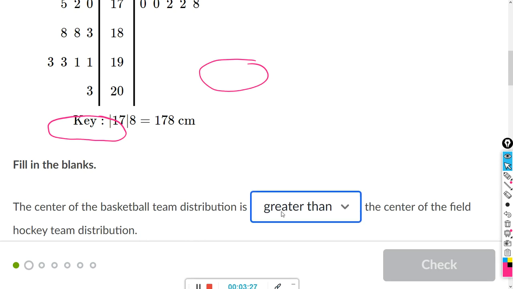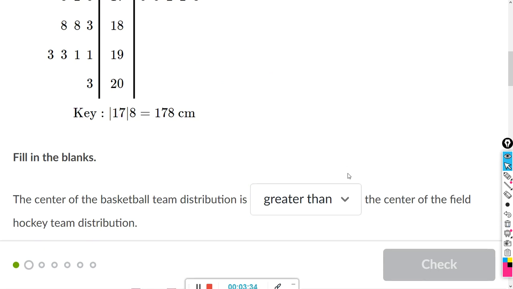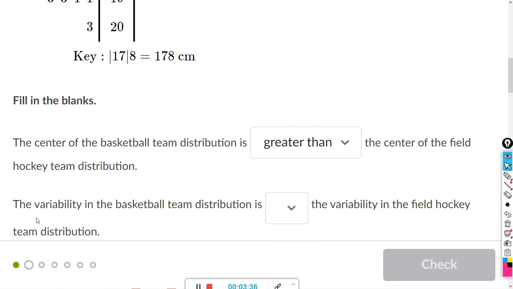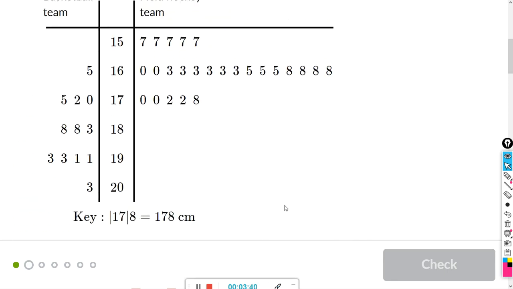Now for the second question, they're comparing the variability. So let's see. The shortest on the basketball team is 165. And the tallest on the basketball team is 203. So this varies by almost 40 centimeters.